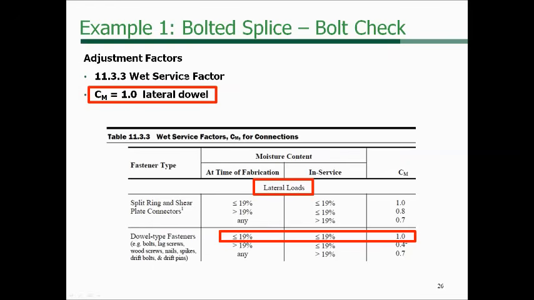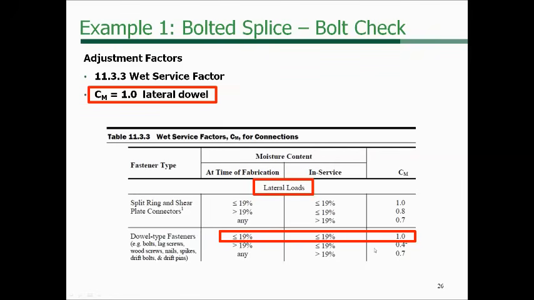So the wet service factor is used if the moisture content varies from time of fabrication to when the fastener would see load in service. This table 11.3.3 is used to determine wet service factors. You can see that for certain cases, let's say you go in with a moisture content greater than 19% at time of fabrication, and then it dries down to less than 19%.